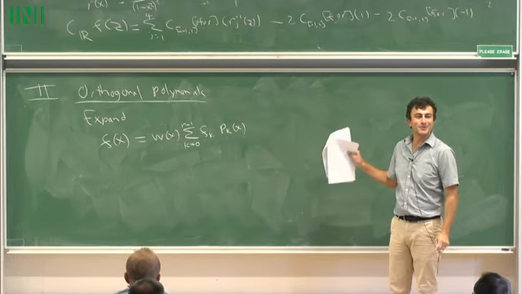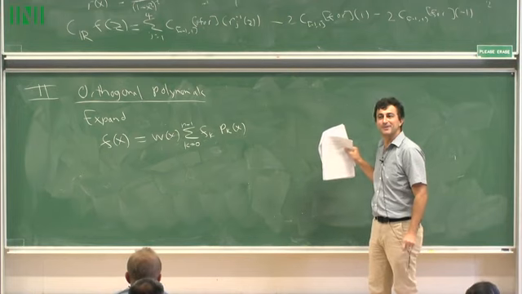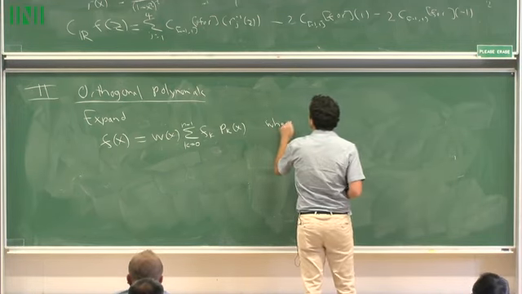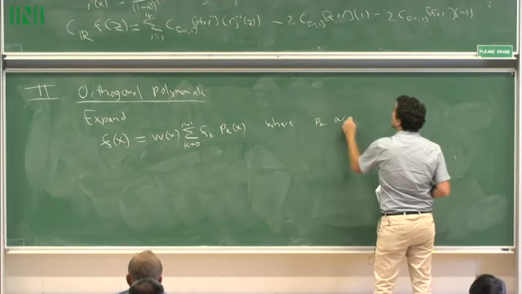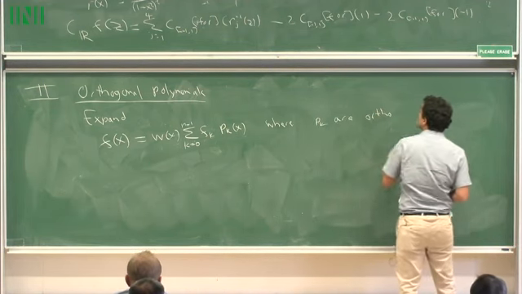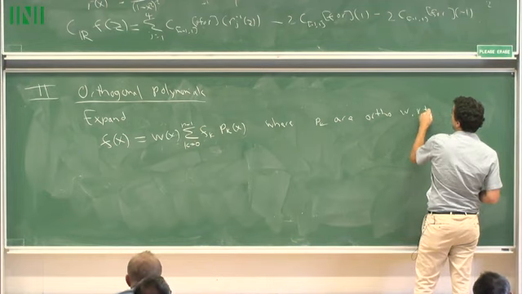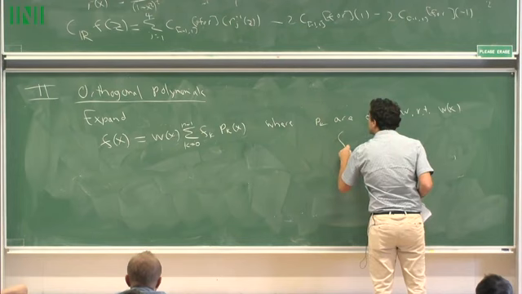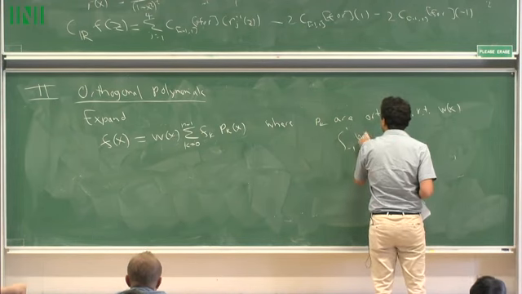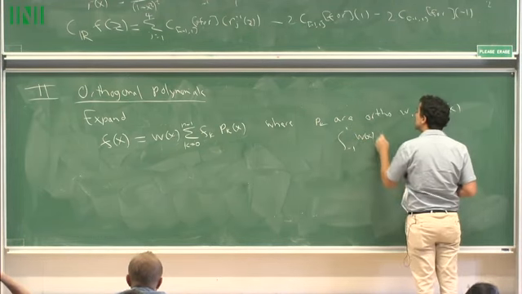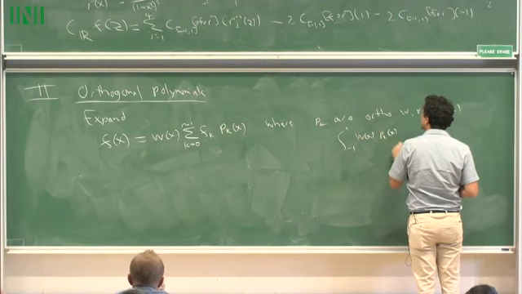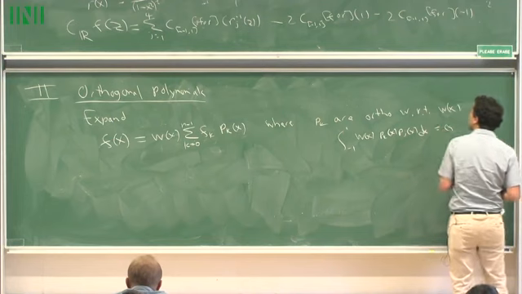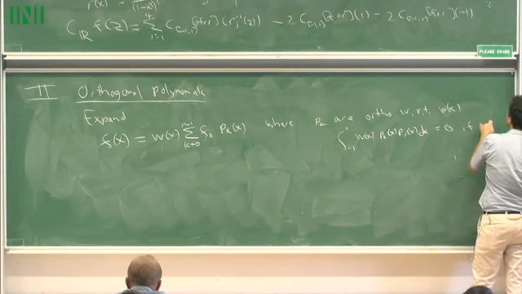Anyone want me to define orthogonal polynomials? I probably don't need to, but these are orthogonal with respect to the weight w of x. So the integral from -1 to 1 of w of x, pk of x, pj of x dx is equal to 0 if k is not equal to j.